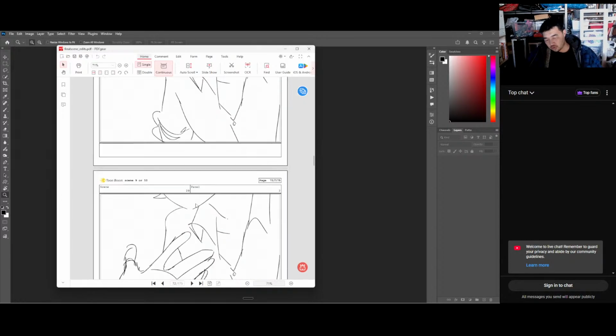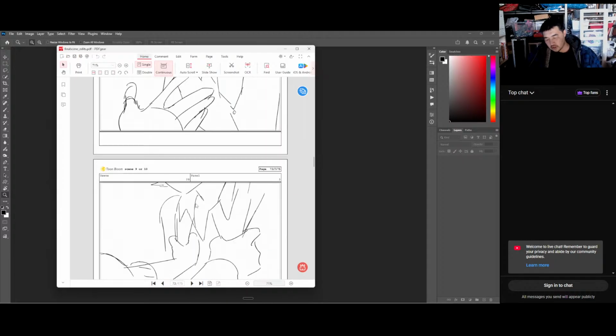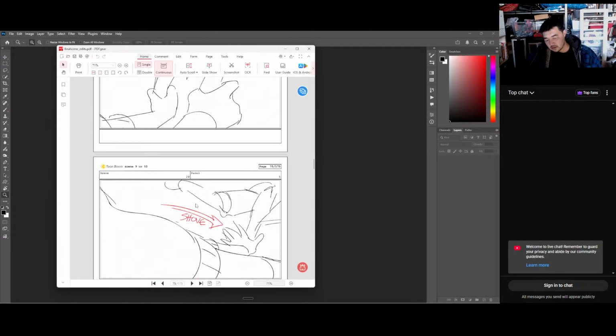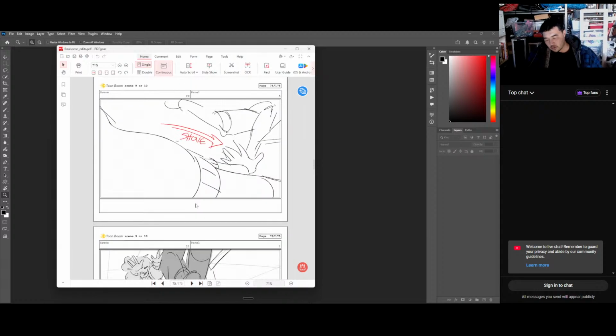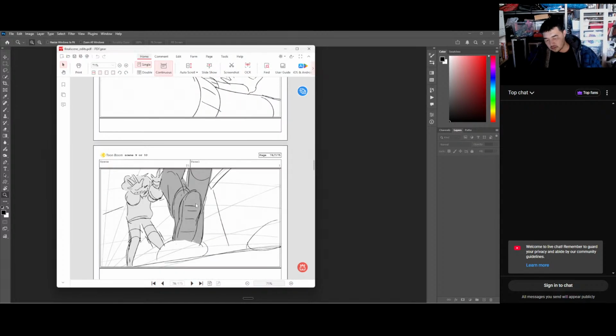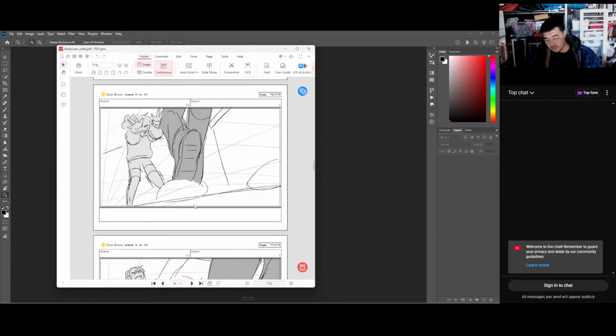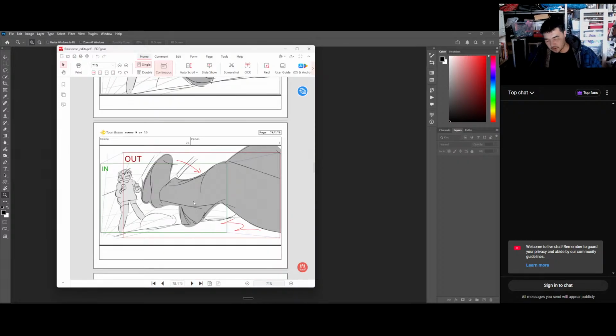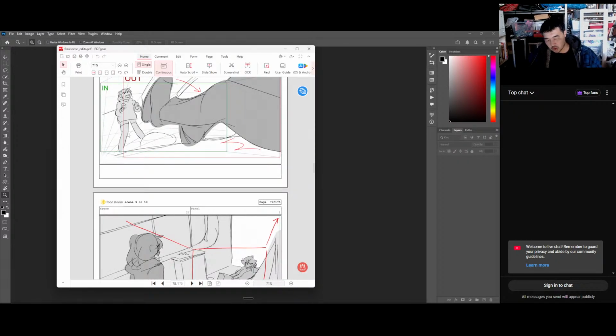Comes through on the collar. Here's the hand. Grabbing. Brings him forward. Shoves. Low angle. On the feet. Trips over. Falls out of frame. I guess we're pushing in on her.